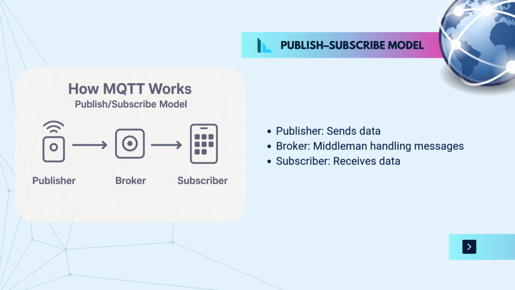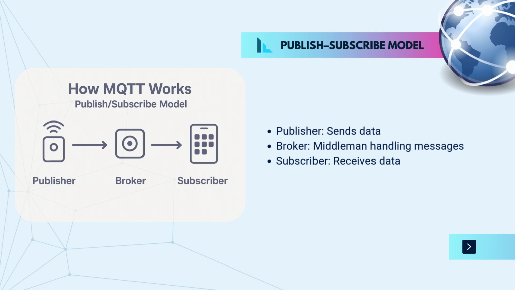Broker: this is the middleman, the most important part of MQTT. The broker receives messages from publishers and then distributes them to all the subscribers who are interested. Let's take an example. Imagine you have 10 sensors in your home and 3 different apps or devices that need the data. Without MQTT, each sensor would need to directly communicate with each app, leading to a web of complicated connections.